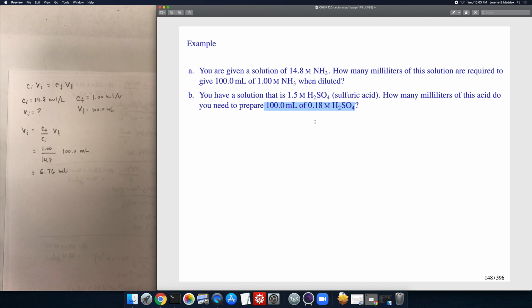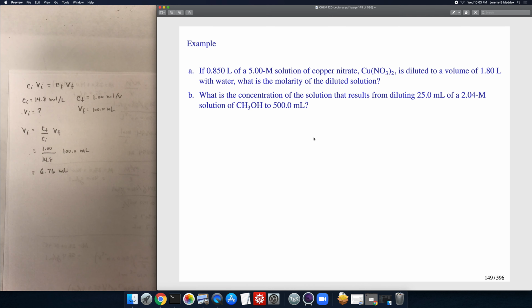And so it's solved in exactly the same way. You'll be solving for the same unknown. The only thing that changes are the numbers that you're going to plug in. So I'll let you practice that. And then we're going to take a look at another dilution problem. Here, let's see if this one's any different.